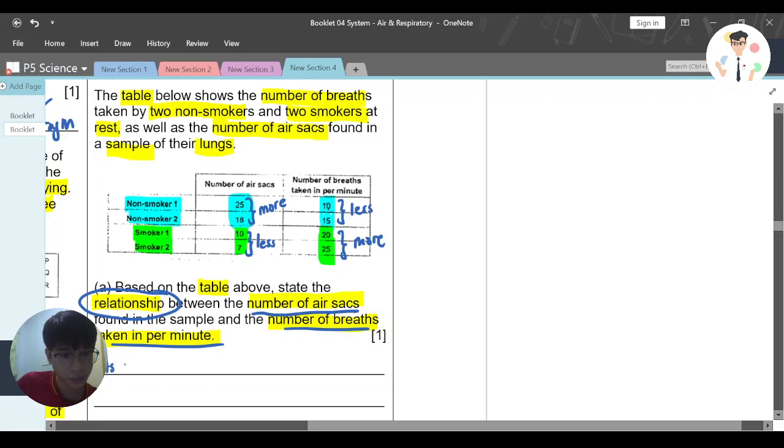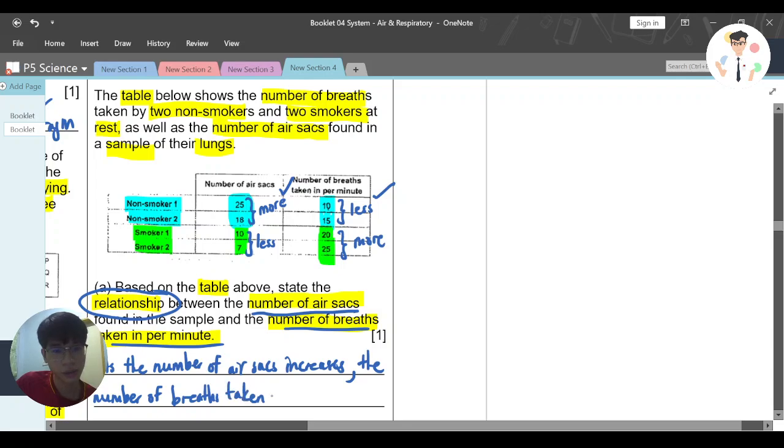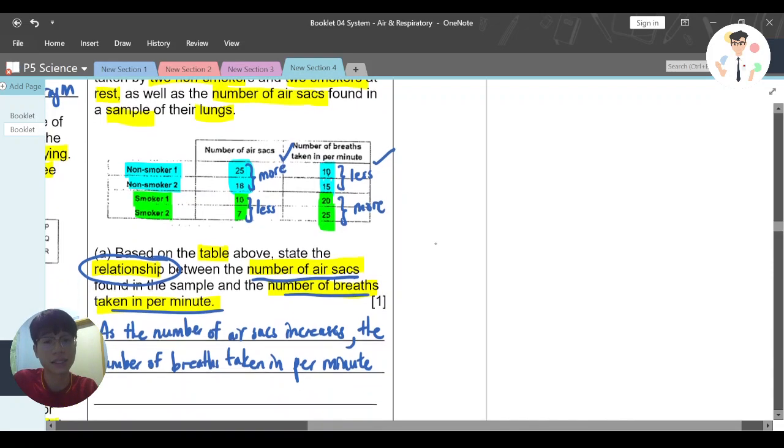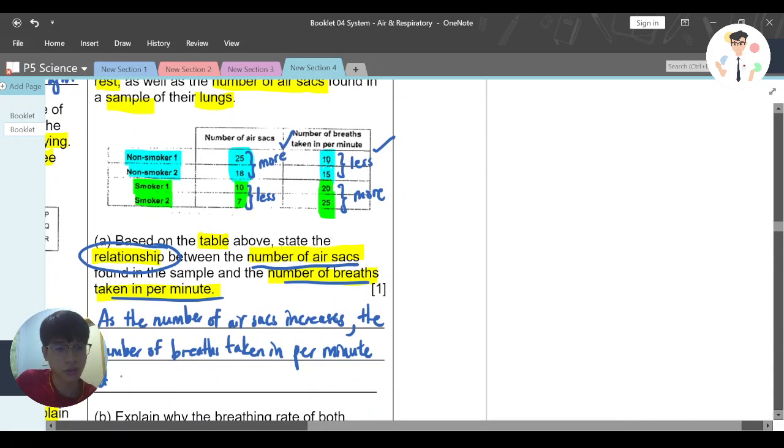So as the number of air sacs increases, now as you can see, when there's more, what happened? The number of breaths taken in per minute actually becomes what? Less, decreases.